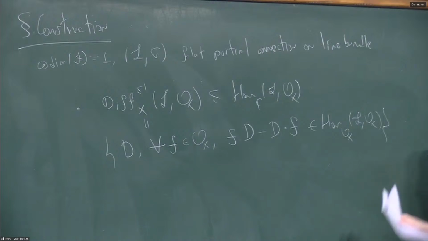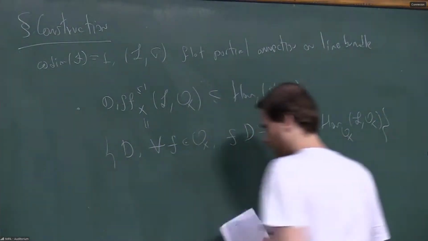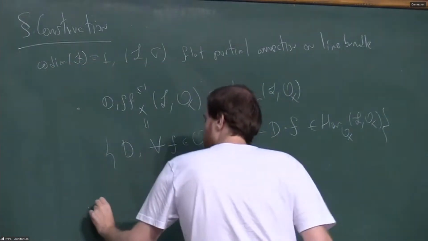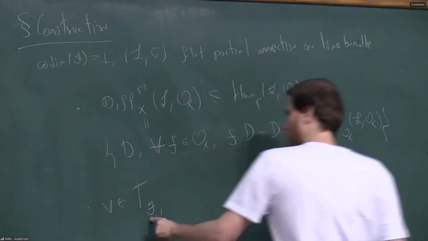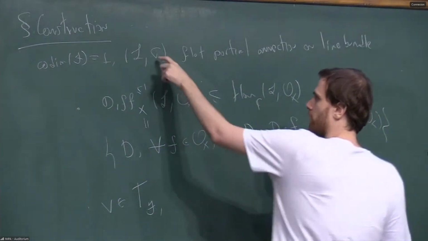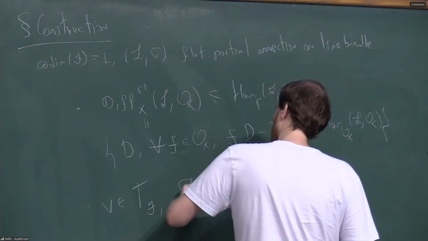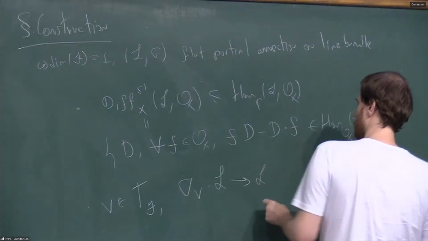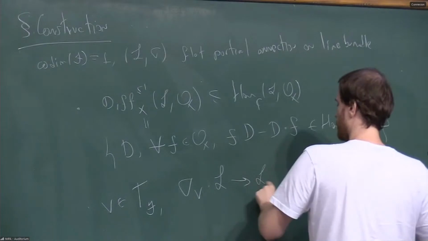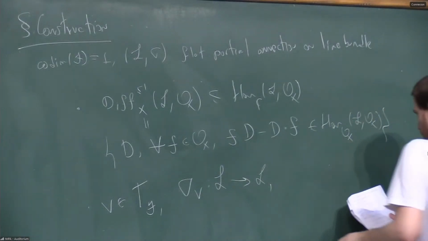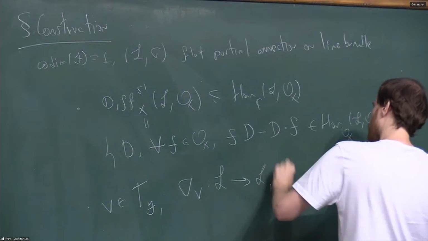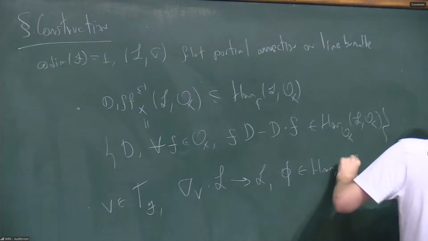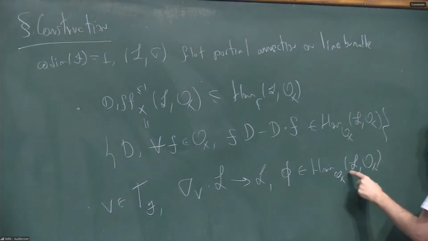So take this sheaf, and now we are going to make the following remark. Every time that we take a vector in T_F, given the flat partial connection, this nabla_v from L to L, okay, this is a differential operator of order 1, and we take phi as an O_X morphism from L to O_X.